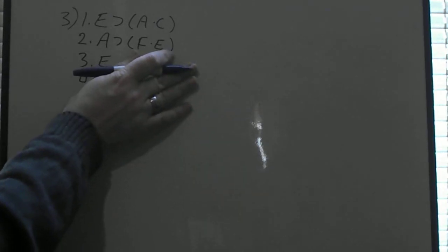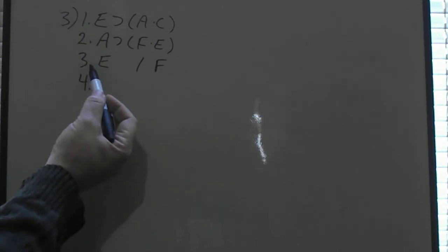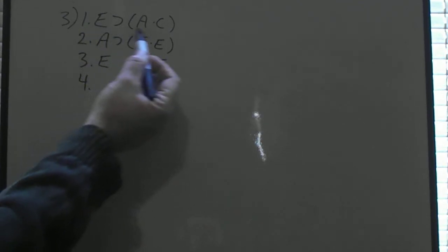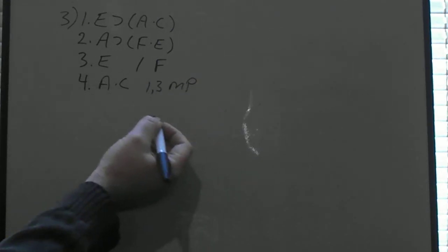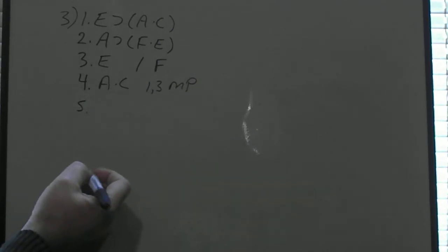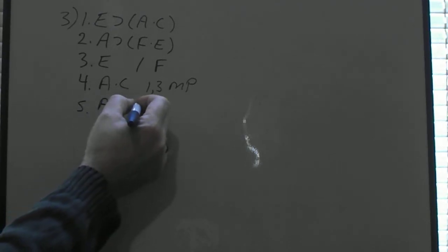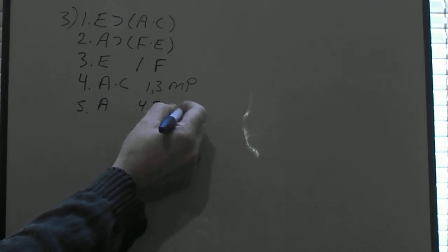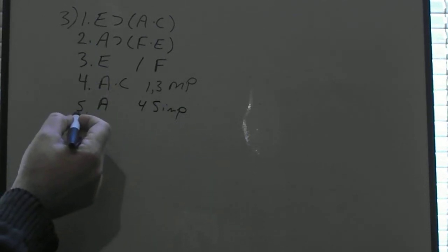So looking at this, how are we going to do it? Well, same as before. Forget about the conclusion for a minute. Look at the 3 lines. What can work together? 1 and 3 would make a modus ponens. If E, then A and C. E, therefore A and C. 1 and 3 modus ponens. Then, if I take A and C, I can use simplification to make that just A. And then 2 and 5 would also be a modus ponens.